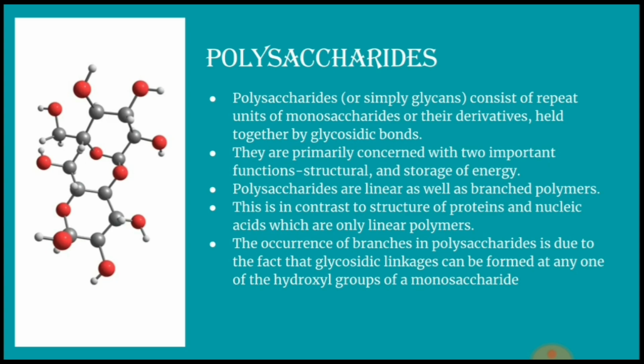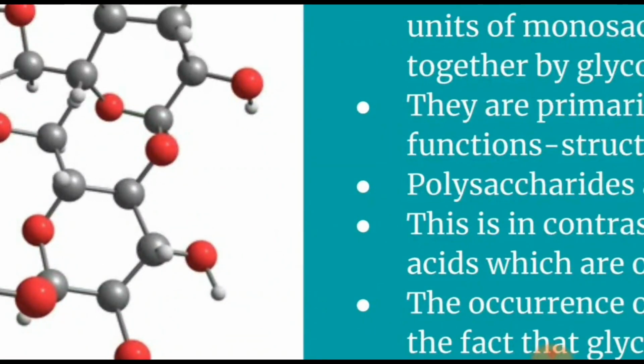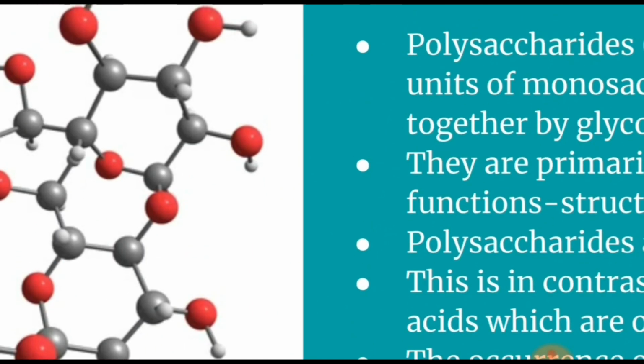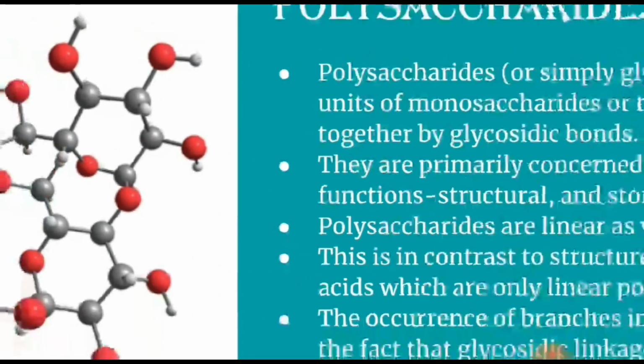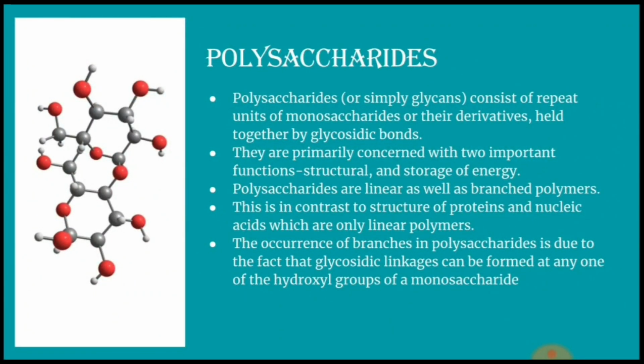You can see in this diagram that there is a branching of each chain. You can see these branches coming out from the main chain. So this is one feature that is seen only in saccharides or polysaccharides. How do these branches occur in polysaccharides?